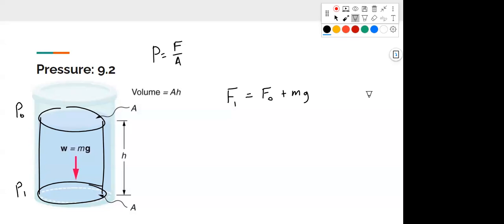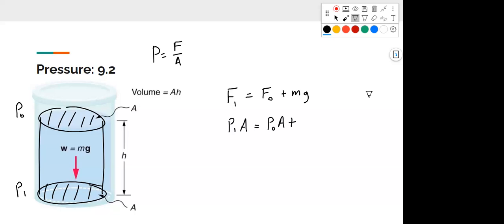So that's why we like to use pressures. So this is P1 times A. And then the force F0 is P0 times A. You can see that the reason we think about these columns of water is because they have a constant area A, this circle. This is our area A, and it's the same up here.